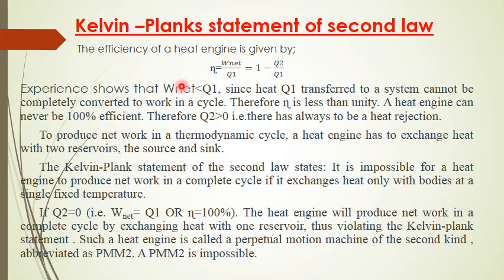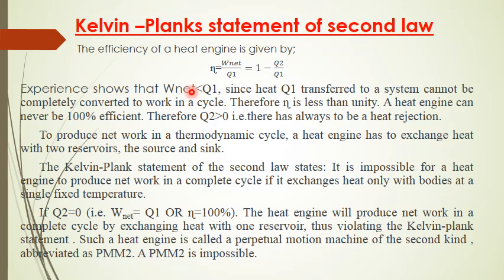So the heat which we have added to the system is always greater than the net work done by the system. All the heat which we supply to the system cannot be completely converted into work.